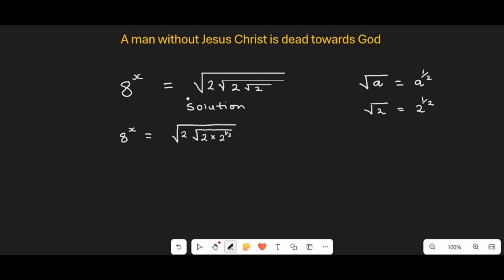And in indices, if you have a raised to power b multiplied by a raised to power c, it is equal to a raised to power b plus c. So let us use the same principle for 2 multiplied by 2 raised to power 1 over 2.